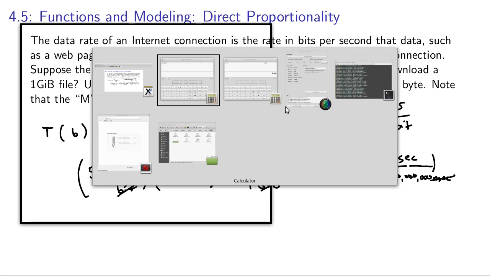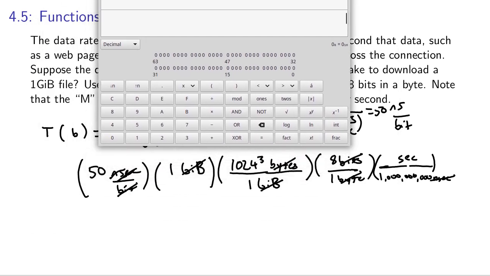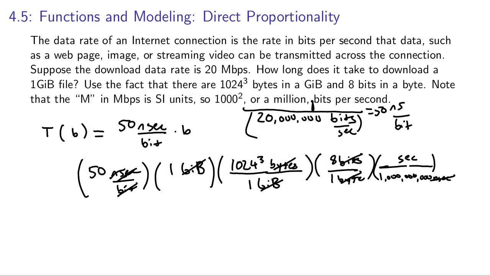So going back to our calculator, we have 50 times 1, which, I'm sorry, we've got that wrong. Let's look at this again. We weren't given 1 gigabyte, were we? Yes, we were. Double check. 1 gigabyte. So if this were 5, we'd put 5 here. If this were 20, we'd put 20 here. But we only needed to find 1 gigabyte.